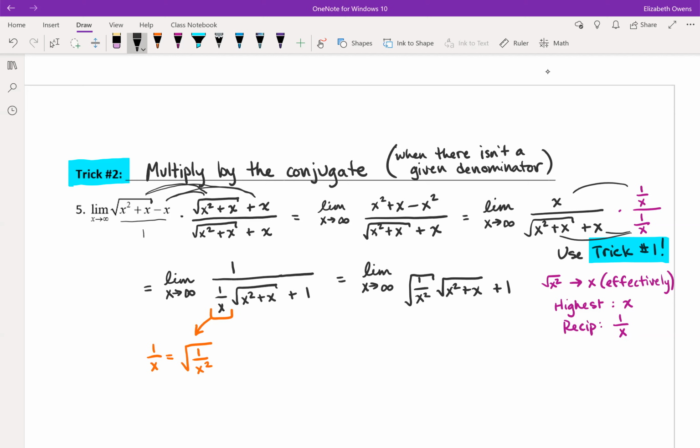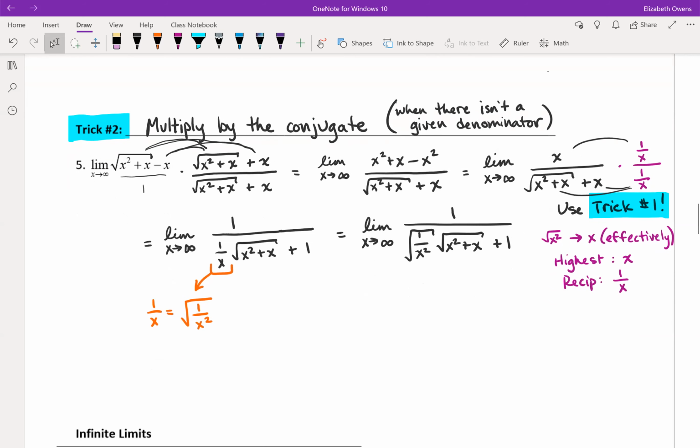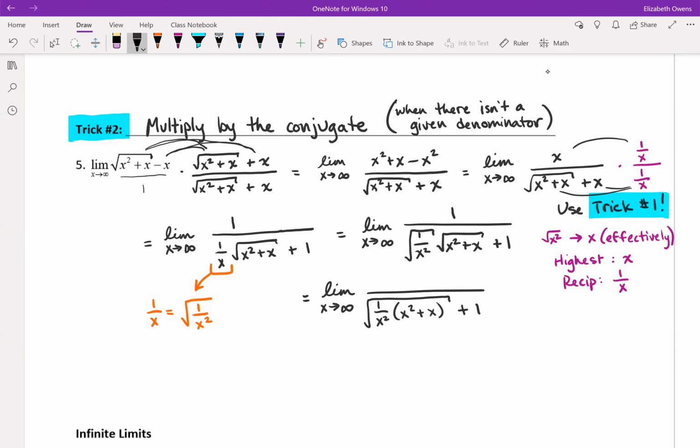That's our denominator there, and that is all under 1. Now that we've written the multiplier in a compatible way, we can combine those radicals in the denominator. So we would have 1 over x squared times x squared plus x, all under a single square root, plus 1, all under 1.